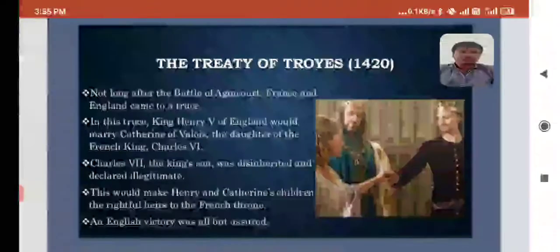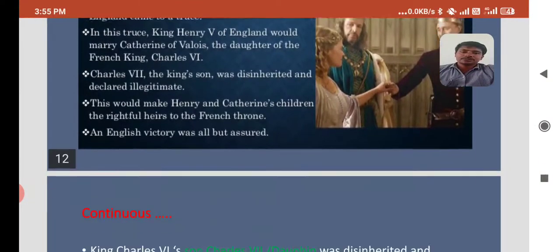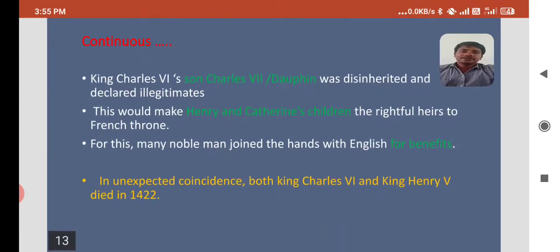An English victory was all but assured. For this, many noblemen joined hands with the English for benefits.